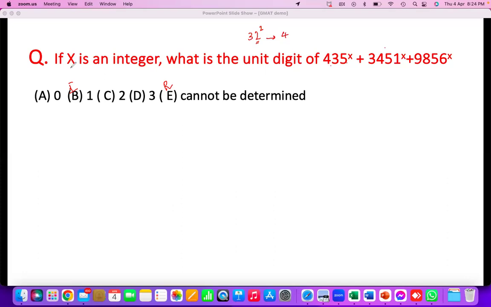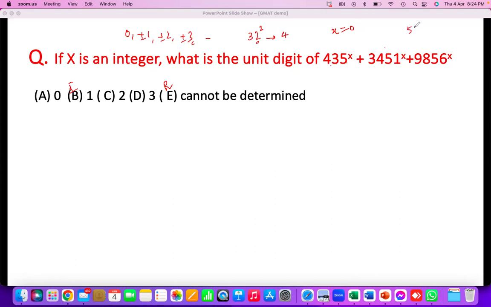Now it is given x is an integer. Integer means 0, plus 1, minus 1, plus minus 2, plus minus 3, and so on. Let me take x equal to 0. Anything raised to 0 is always 1.